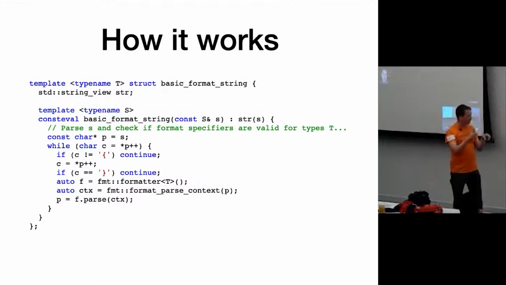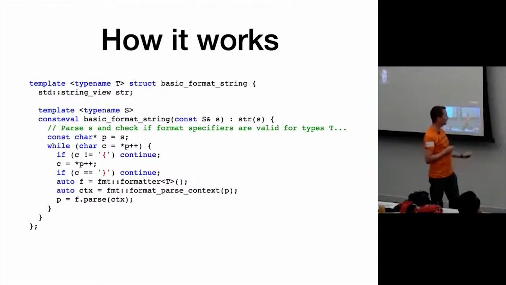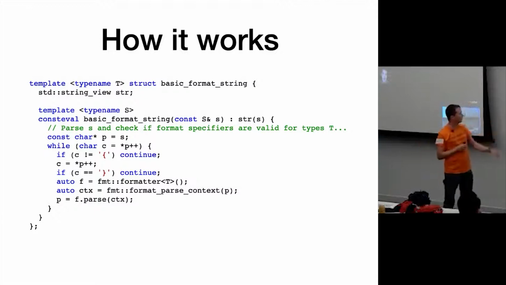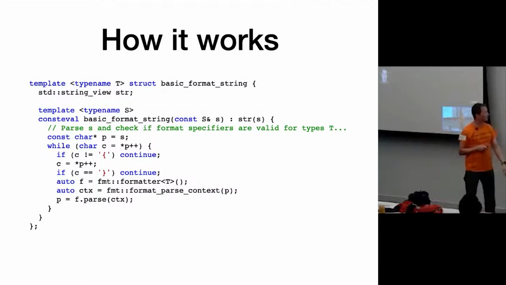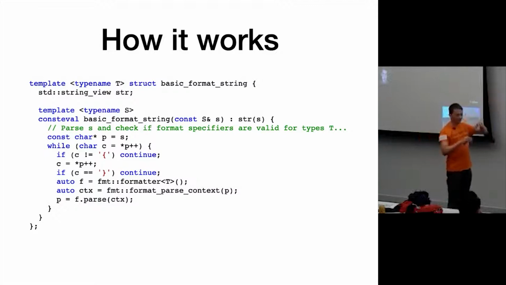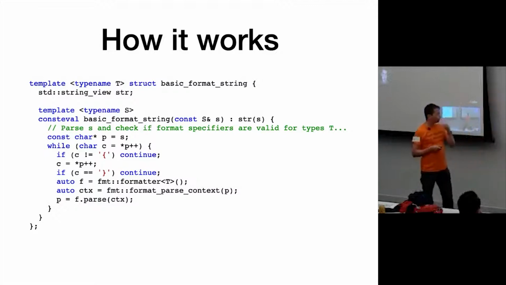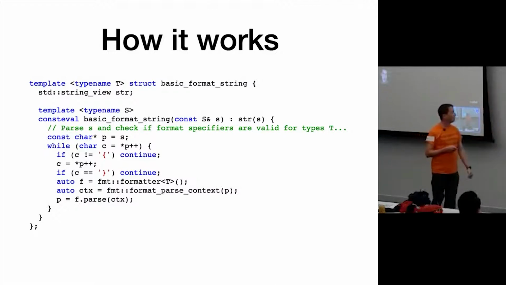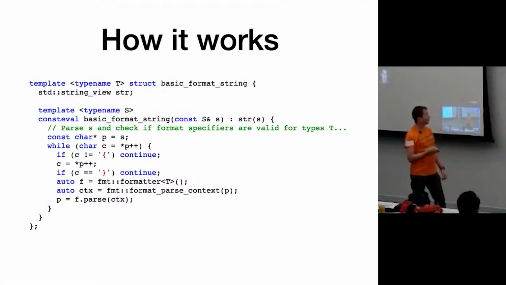But if we find this pair of curly brackets, we create a formatter of T, we create a format parse context, and we forward parsing to this infrastructure using fmt. We won't go into too much detail, but this illustrates the high-level mechanism with which compile time checks work.